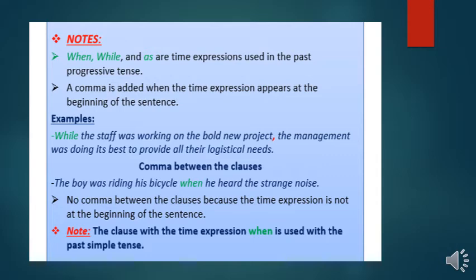So, when a sentence starts with while, when, or as, you have to add a comma after the first clause. The clause with the time expression when is used with the past simple tense.